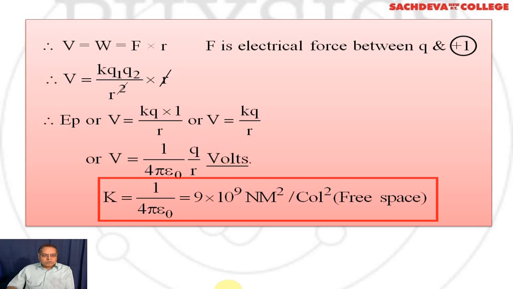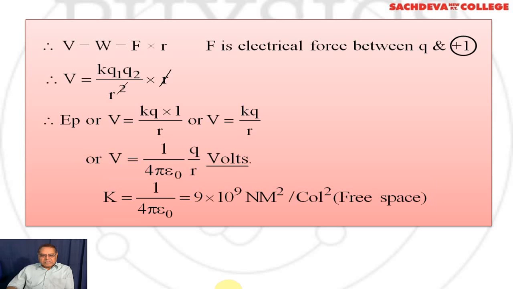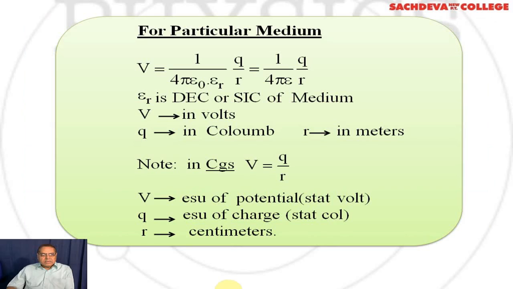K is equal to 1 over 4 pi epsilon naught, and numerically it is 9 into 10 to the power 9 Newton meter square per coulomb square for free space. Free space stands for vacuum or air. For a particular medium, epsilon naught into epsilon r can be replaced by simply epsilon.